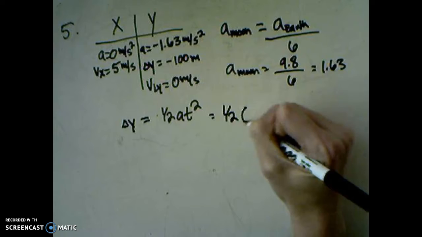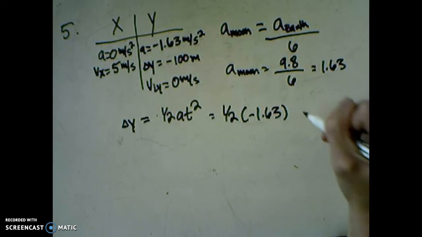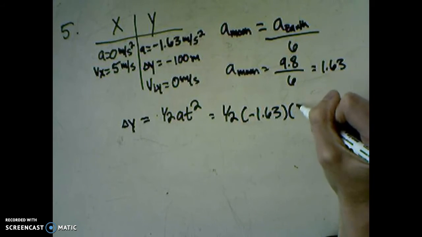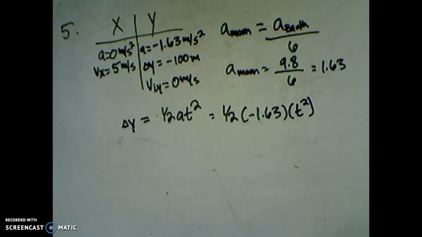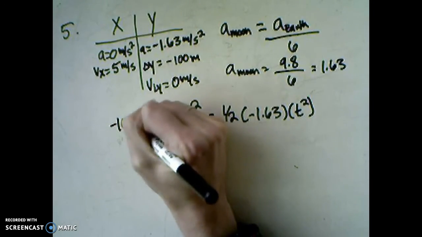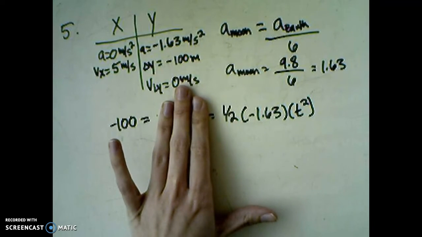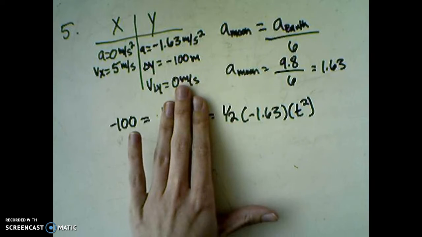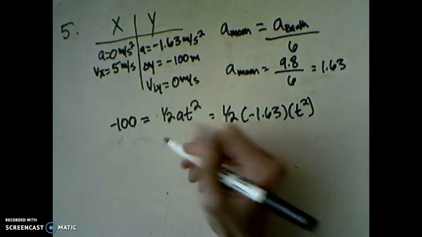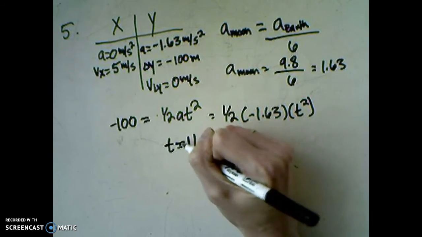So I have 1/2 times negative 1.63 now, not negative 9.8 because I'm on the moon, not Earth, t squared. But my delta y I can replace with negative 100. So I'm essentially solving negative 100 equals 1/2 times negative 1.63 times t squared. Solving for t in my calculator, I get 11.1 seconds if I round.